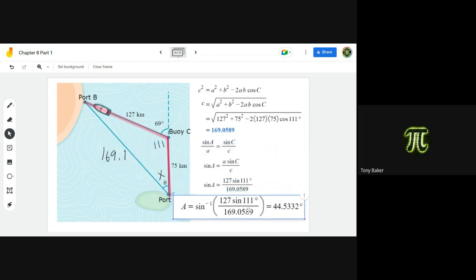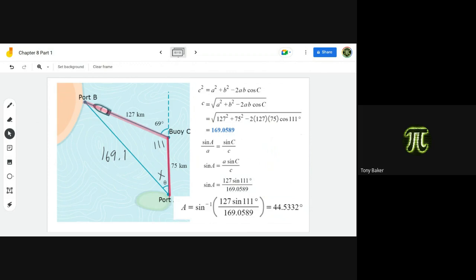We get A is that. You could get the other angle. The other angle would be 135 degrees, right?